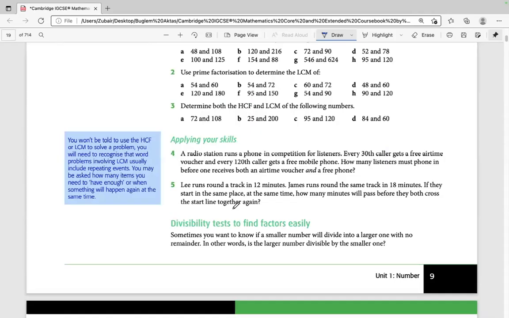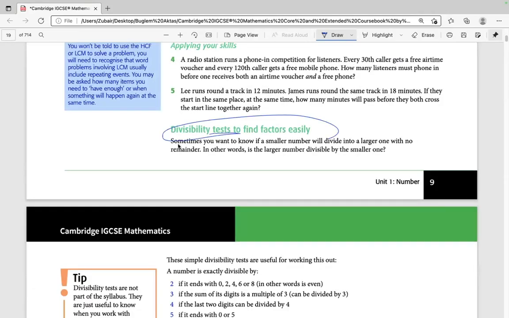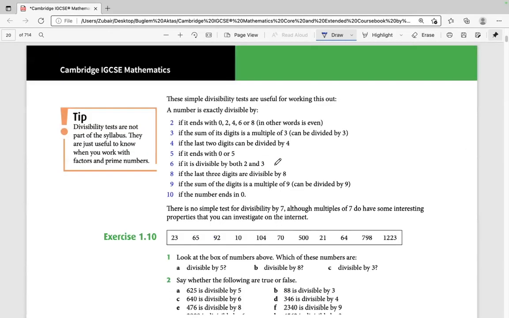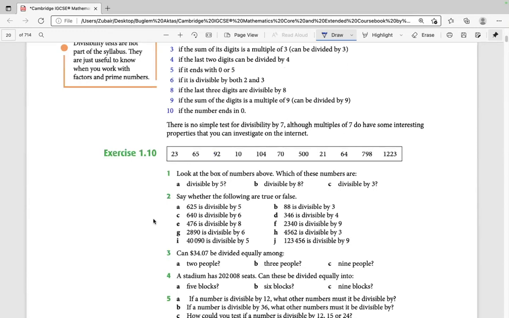Okay. Divisibility test is basically when it leaves no remainder, we know that a particular number is divisible by a particular given number. For example, we have this 60 by 5. The rules are basically not asked in the exam.